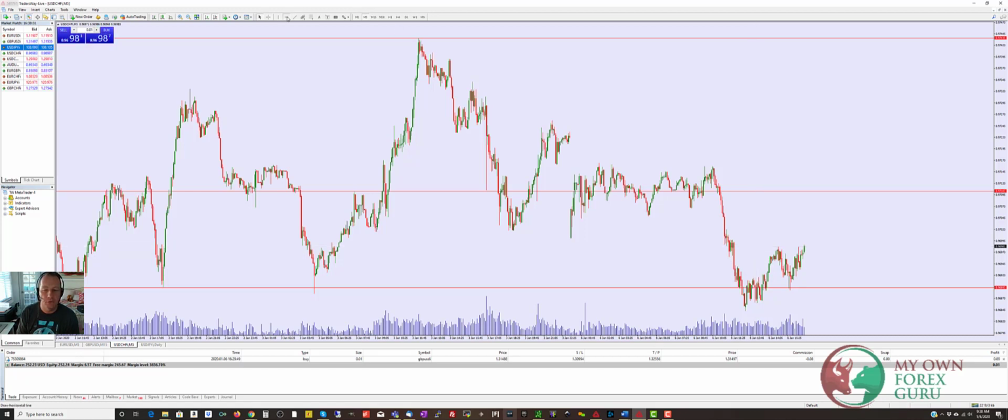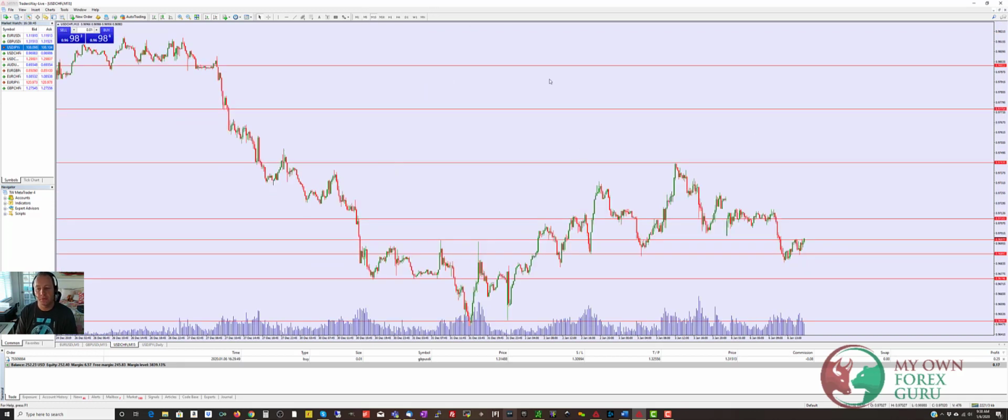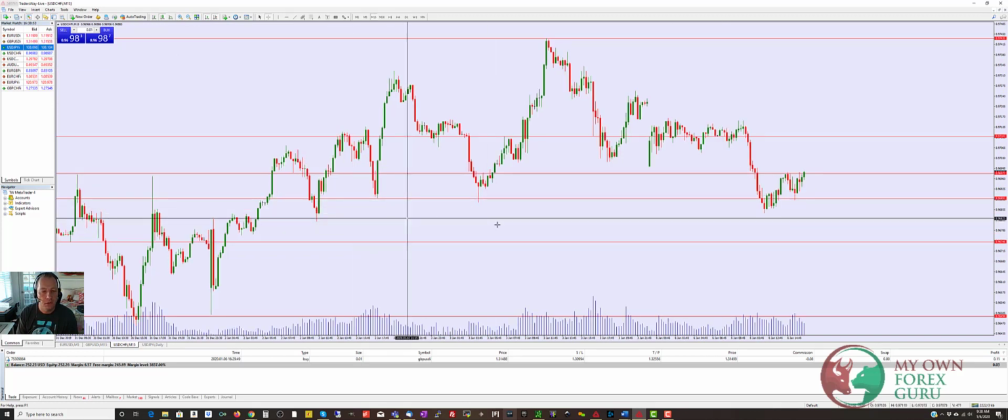Yeah. We'll put one here where price currently resides because we see this is a popular area. Back out to 15 minutes. Let's zoom in a little bit and see what's going on.